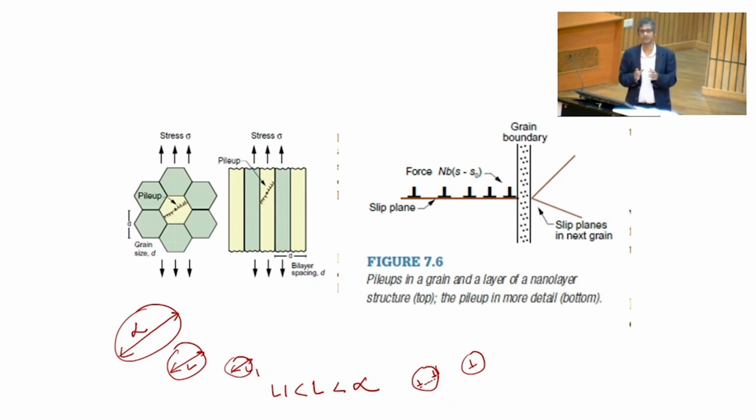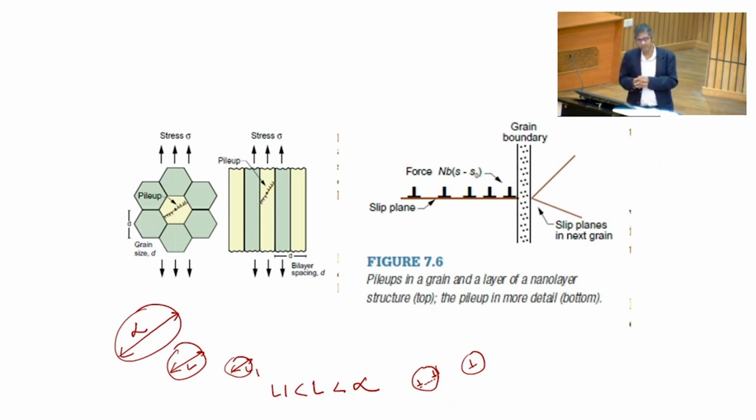Remember these aspects. This is a very critical thing which you should understand. The breaking down of the Hall-Petch relationship is also the same thing. The same thing is true for bilayers. If you decrease the bilayer thickness, the length on which a dislocation pile up can happen is also decreasing.